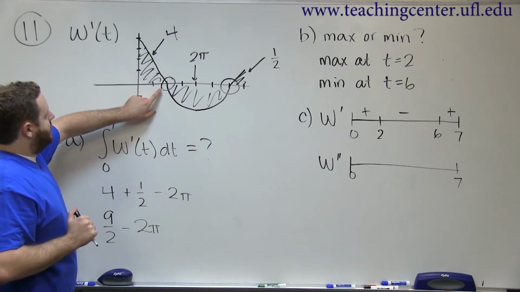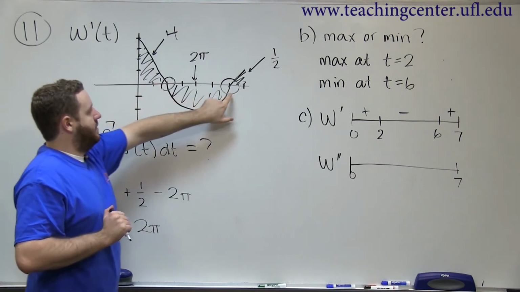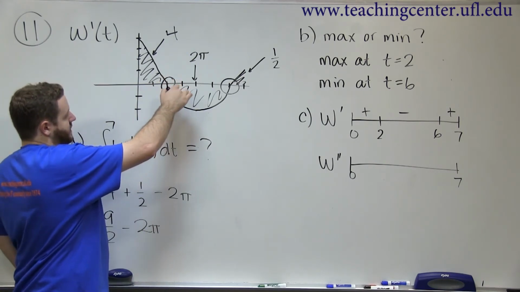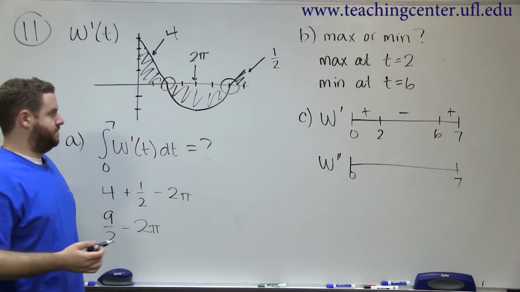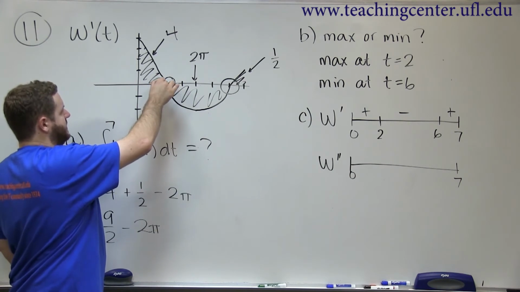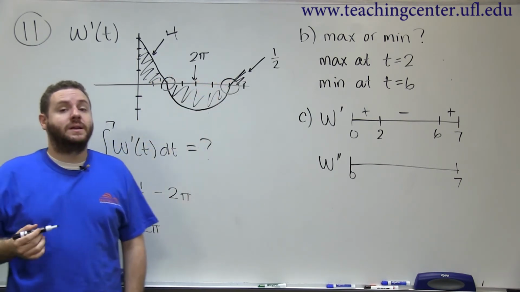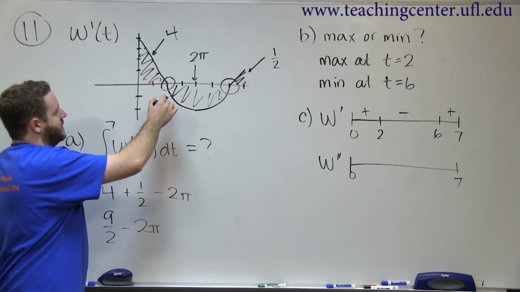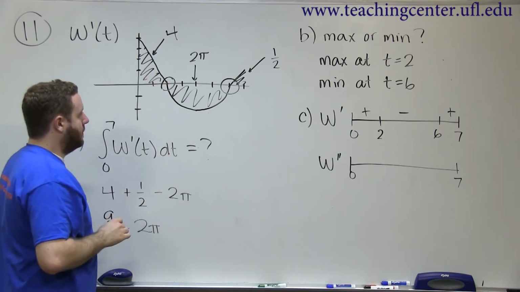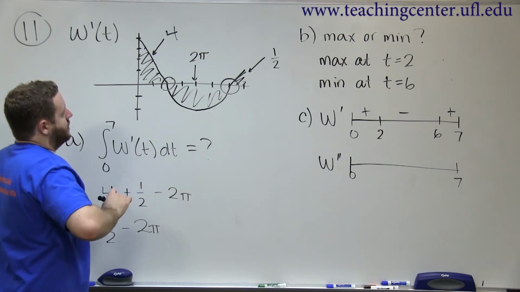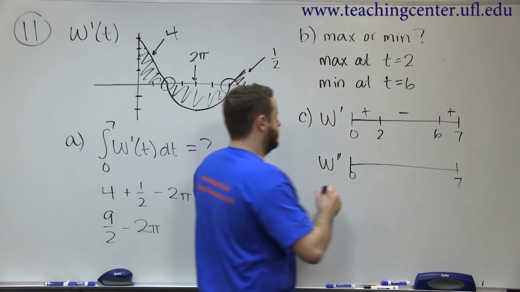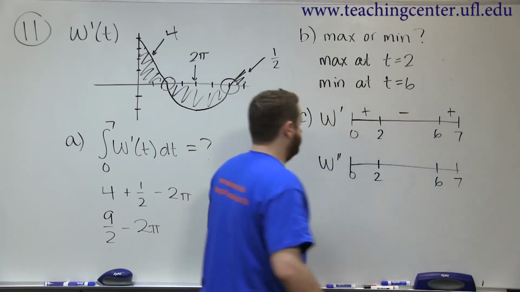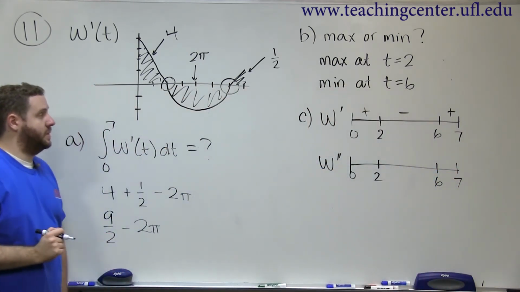So this function is not differentiable at these zeros because, essentially, think of this as a piecewise function. The slopes of these two parts of the graph don't connect smoothly. The slope immediately jumps from something to something else. So this is not differentiable. So we have to put 2 and 6 still on the number line because it's not differentiable at those points.